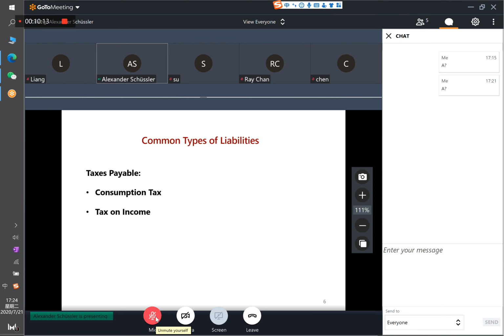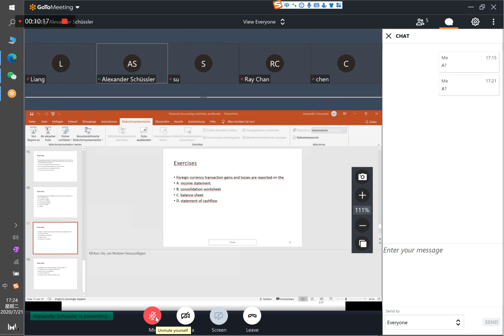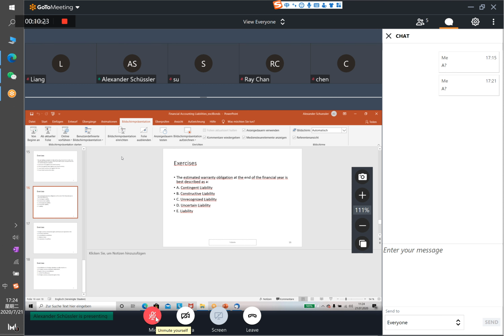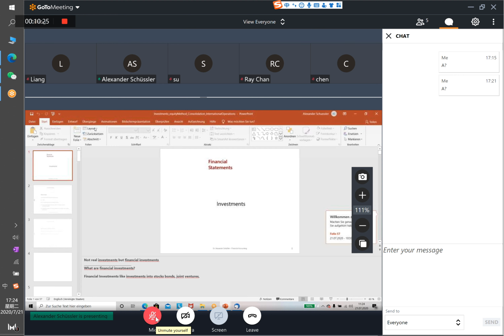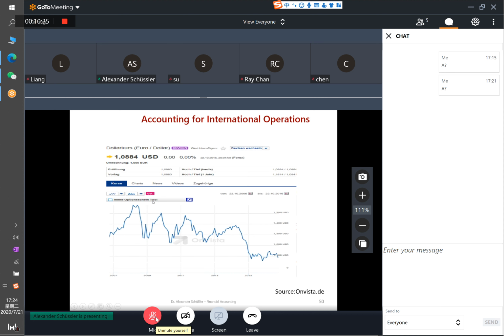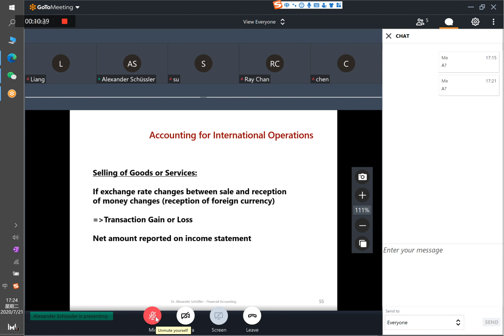If you look at the slide, here it says transaction gain and losses.